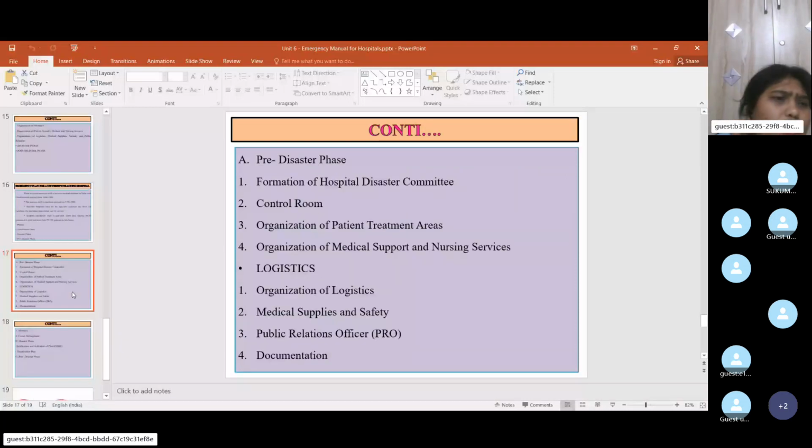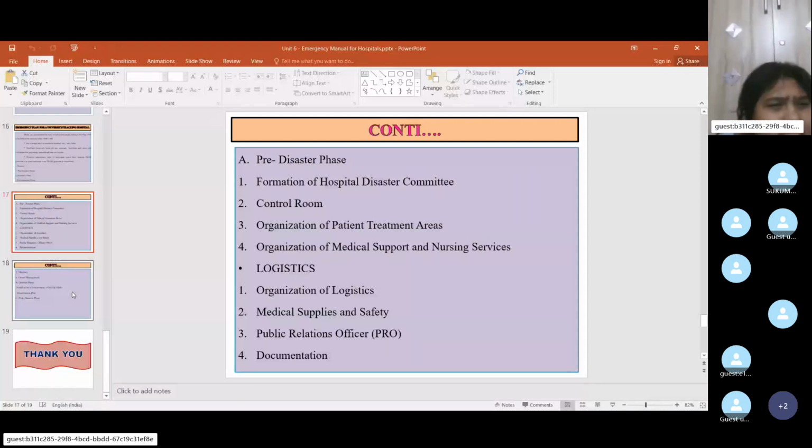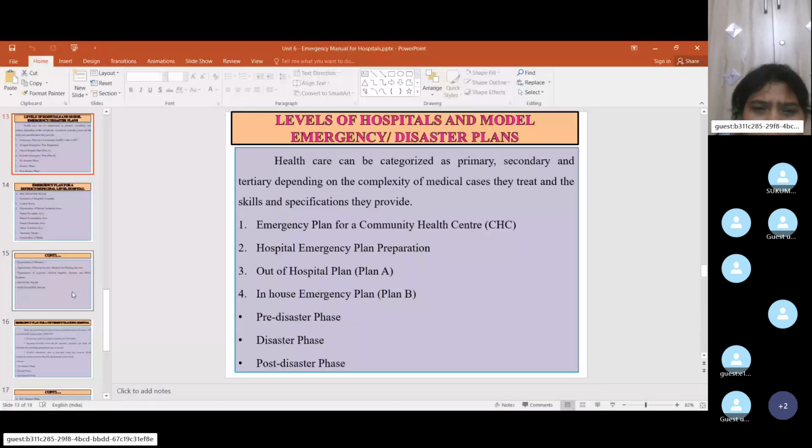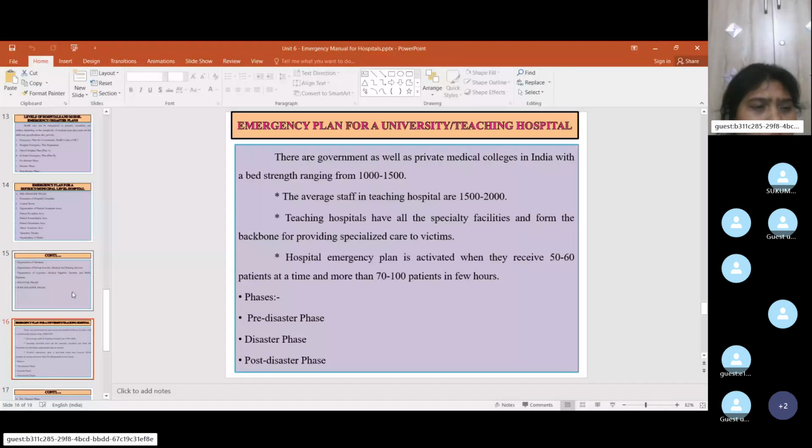Again, whatever I have taught you, the levels of hospital and model emergency disaster plan, wherein they have a committee, an emergency plan, a plan inside the hospital and for transferring the patient, the same applies in the emergency plan for university too. So there is no major difference.